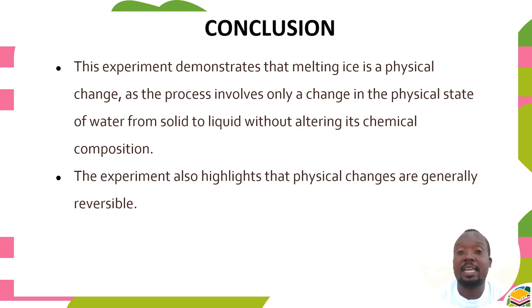So it involves a change in the physical state of water from solid to liquid without altering its chemical composition. The chemical composition of water remained intact, untampered with. The experiment also highlights that physical changes are generally reversible. So yes, this is one of the characteristics of a physical change, reversibility.